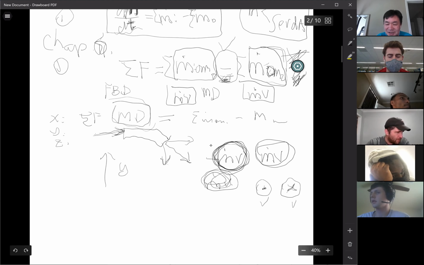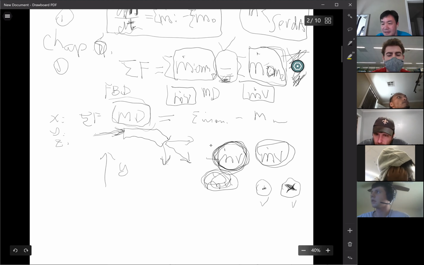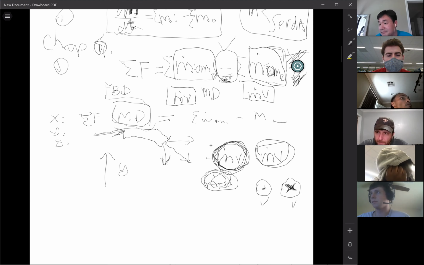I have a question. Which direction do you typically pick to be the positive Z? Gravity is negative Z. Well, physically, you have to have a positive direction and a negative direction, right?